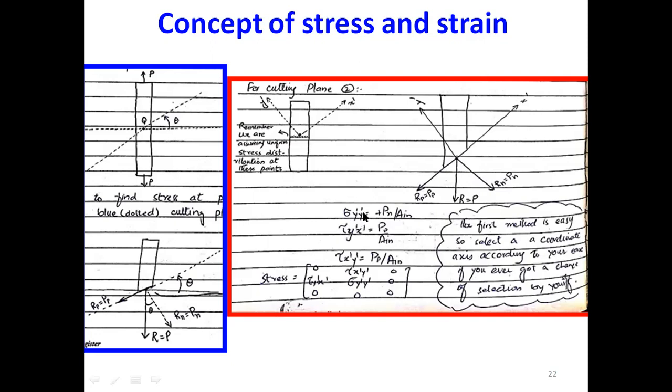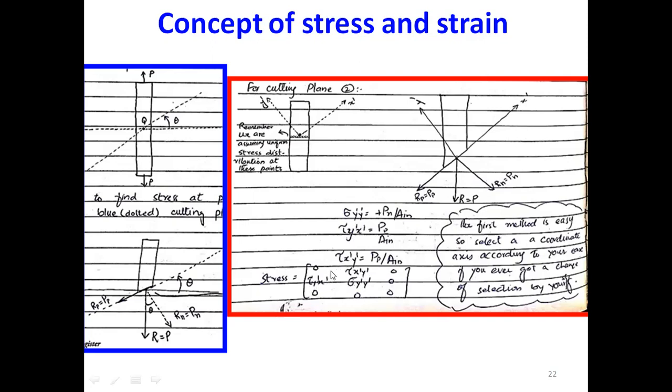And also we would have these two components. So at this point, we would have two stress components. So in the stress matrix, we have to write sigma y prime, which is p cos theta by A n, and we would have tau y prime x prime, and its value would be p sine theta by A n.